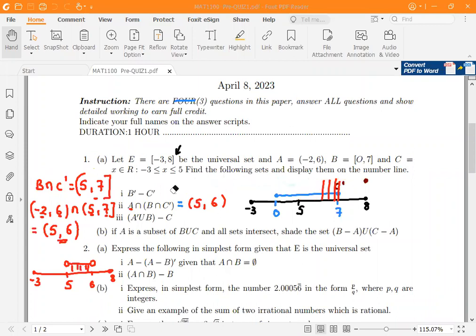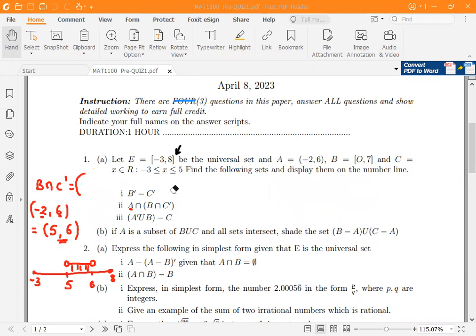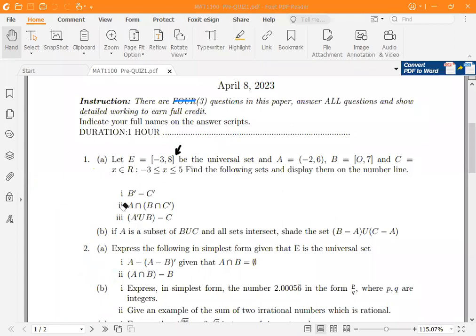So A3, we have A complement union B. So we need to get this set first.